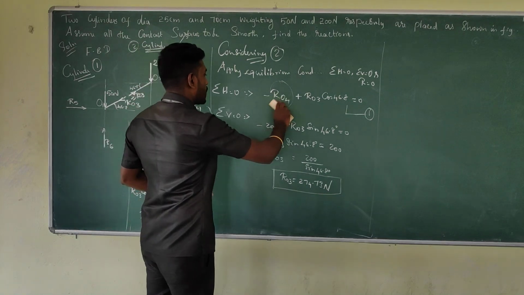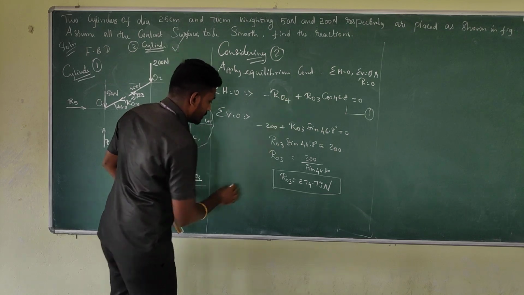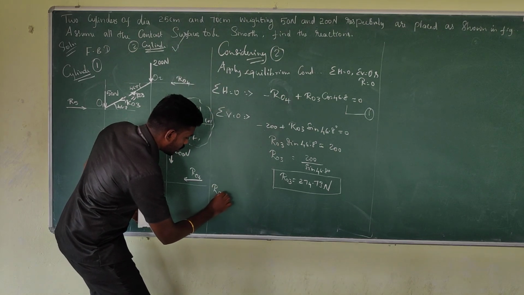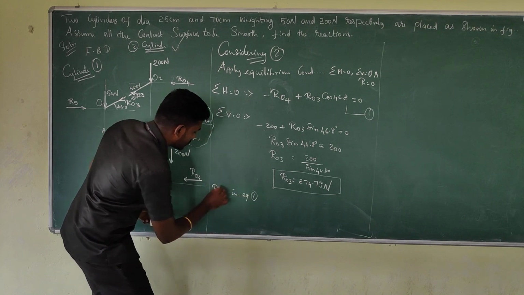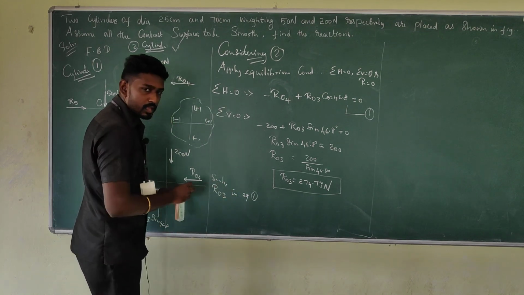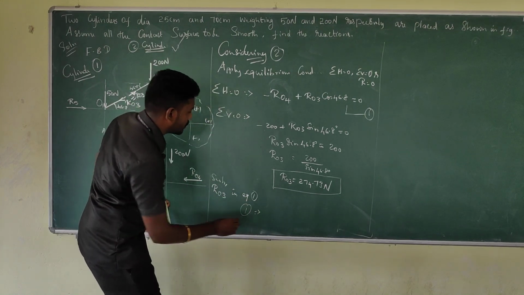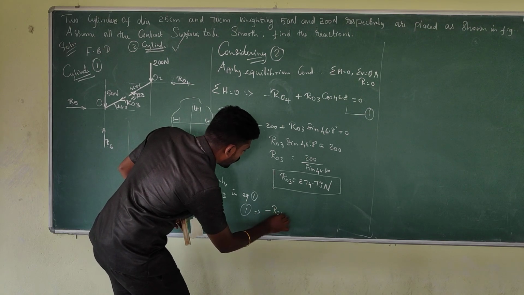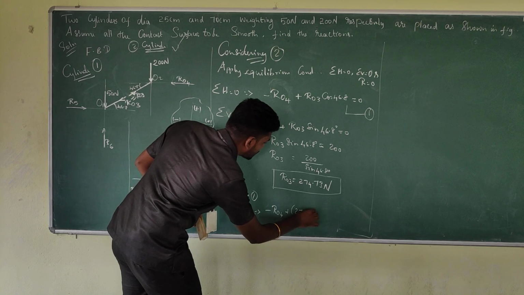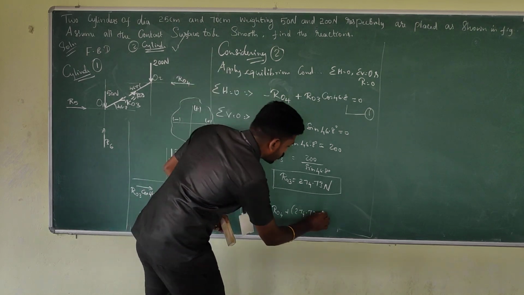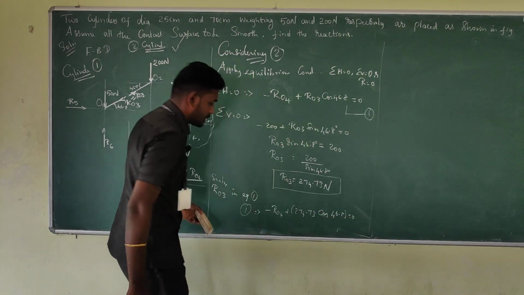So try to substitute RO3 in equation 1, so that equation 1 becomes minus RO4 plus 274.73 into cos 46.8 is equal to 0.